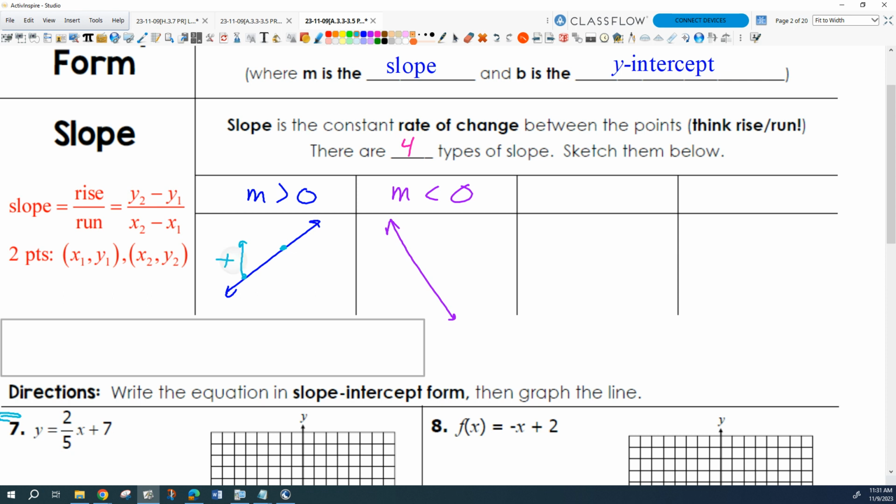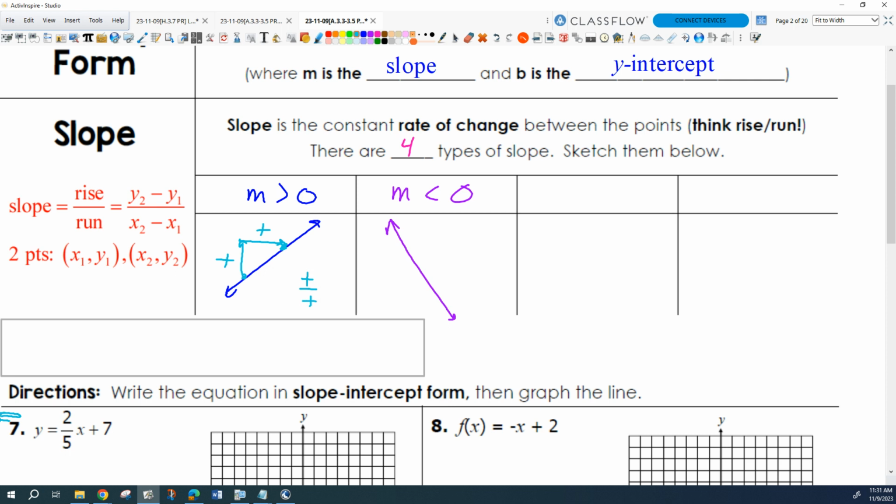Positive. I'm going up. My run is positive. And as long as we go from left to right, which we always want to do, the run will always be positive, right? You never want to go from right to left on a line. When you're making slope triangles, you always go left to right. So positive divided by positive is positive, right?